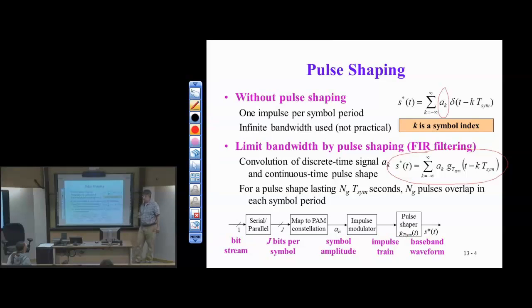This is with pulse shaping, so it's the output here of the pulse shaping filter, whatever pulses it is. But the formula should look really familiar. It's a convolution. It's a filter. Yes, good, that's a good answer in this class.